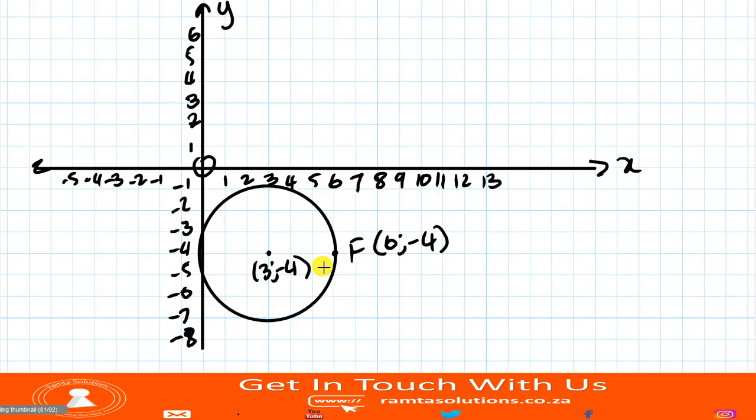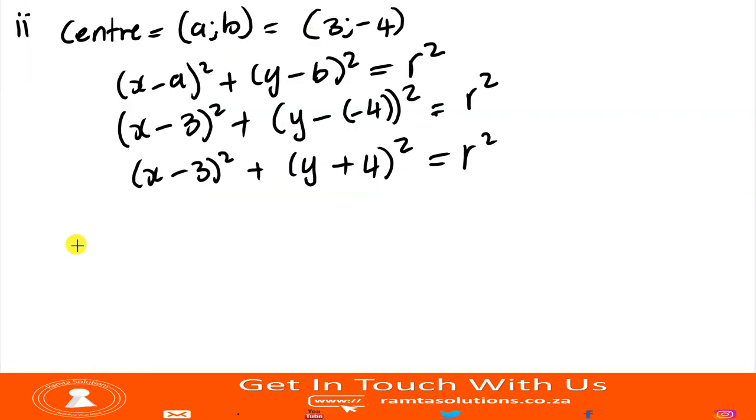So remember, guys, from the drawing here, from the center to the circumference, it's the same y value. So it will be x value here minus x value here: 6 minus 3 is 3. Our r is 3, therefore r squared is 9. But I will show you how to get this if you can't readily read it. We have the point F with coordinates 6 and minus 4. Where there's x we put 6, where there's y we put minus 4.